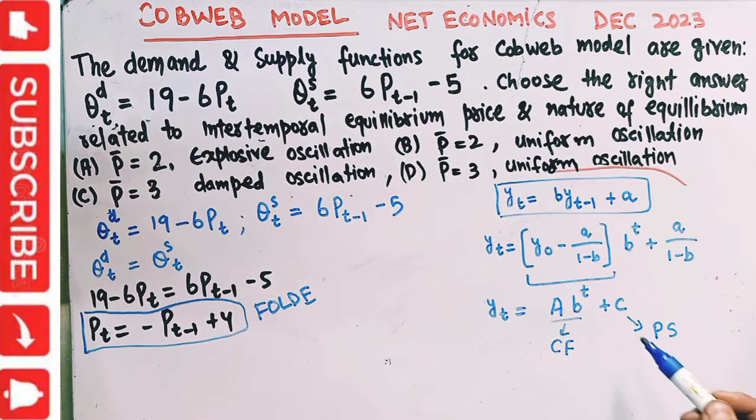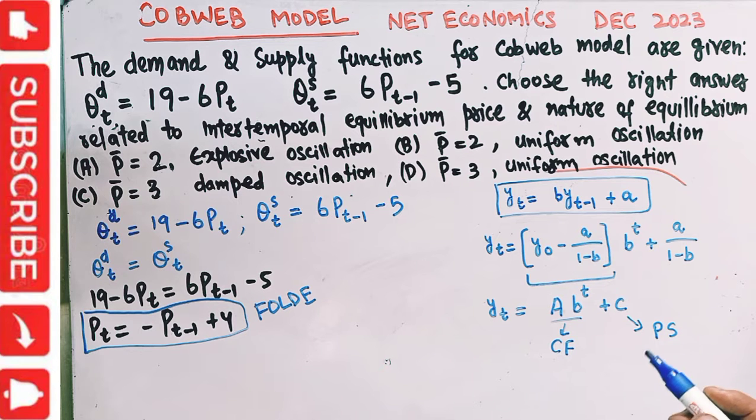This particular solution expresses the intertemporal equilibrium level, which is what we need to find here. And the complementary function represents the deviation from that intertemporal equilibrium.